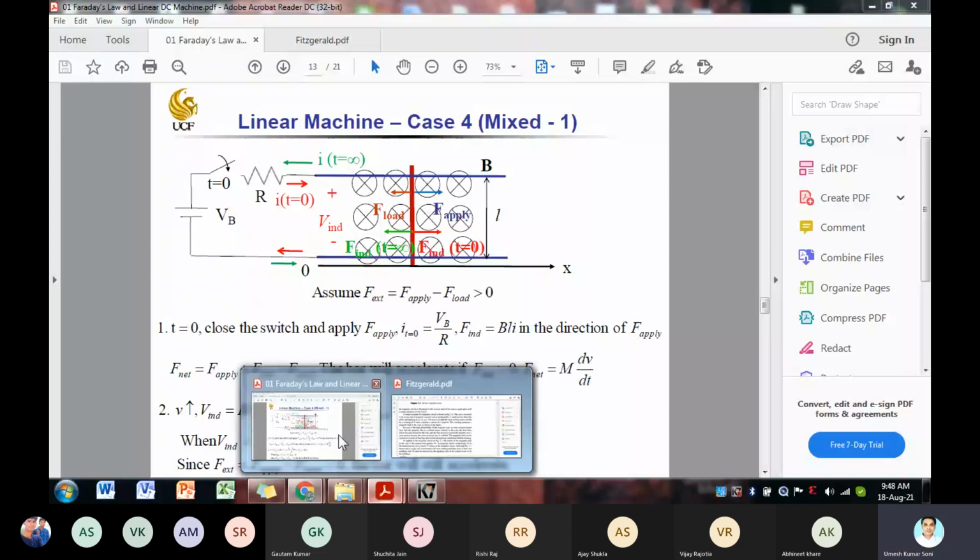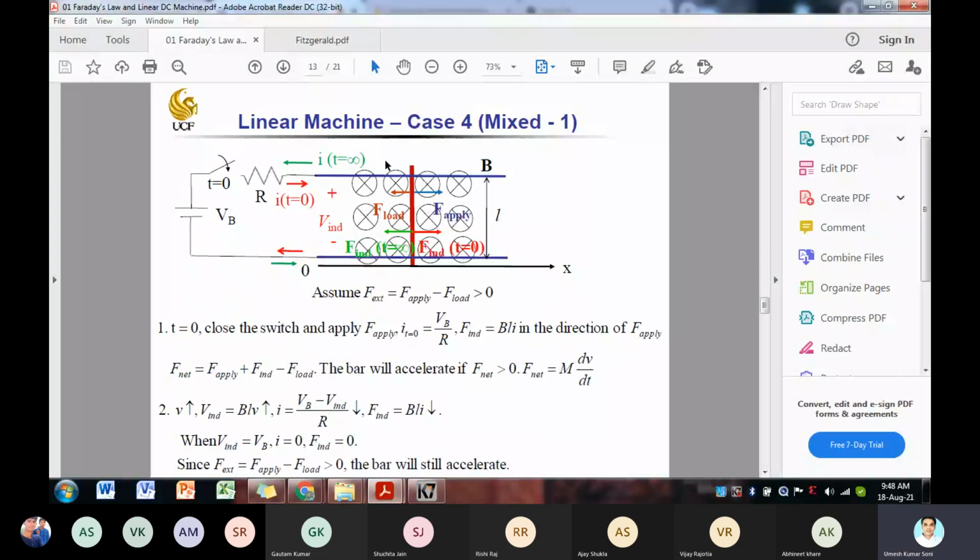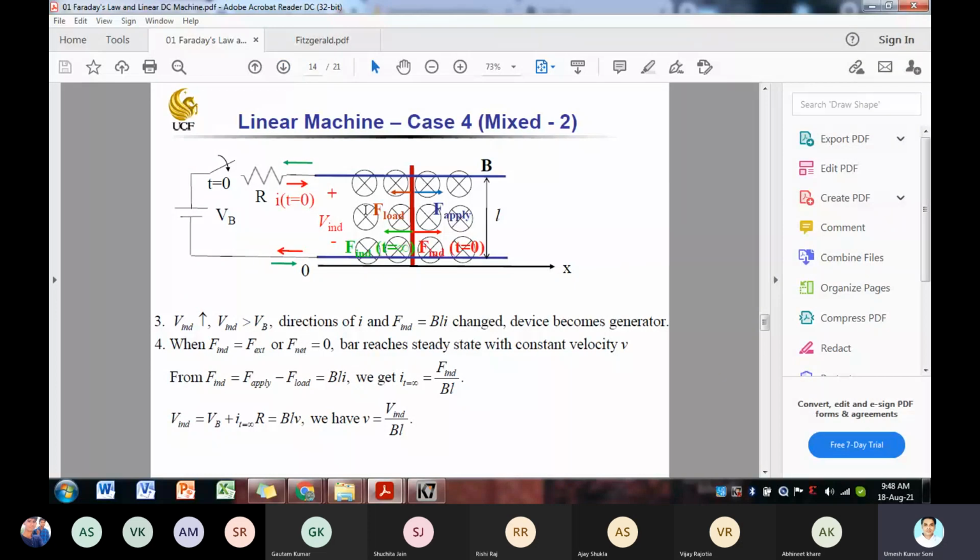Okay. Now suppose that V induced is greater than VB. This is the generating mode.